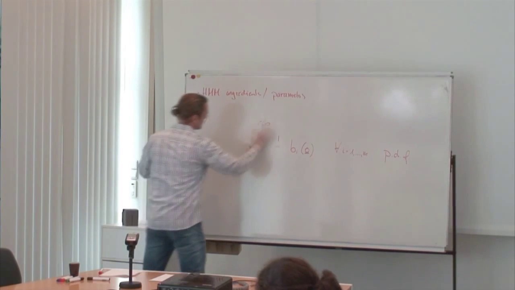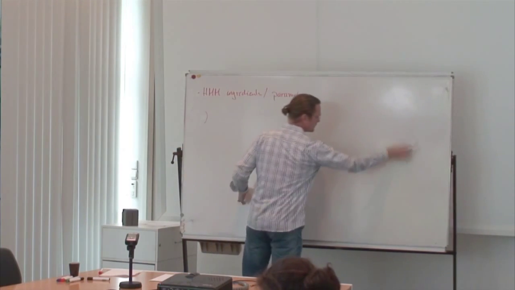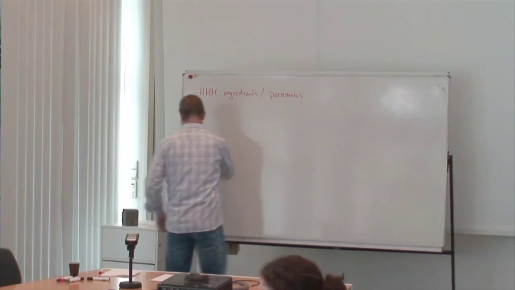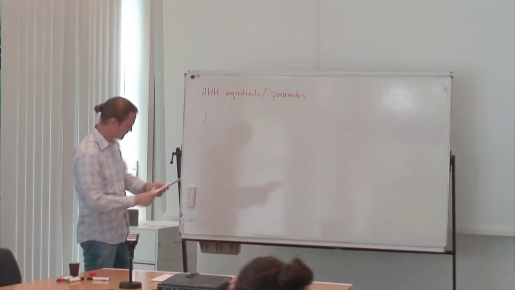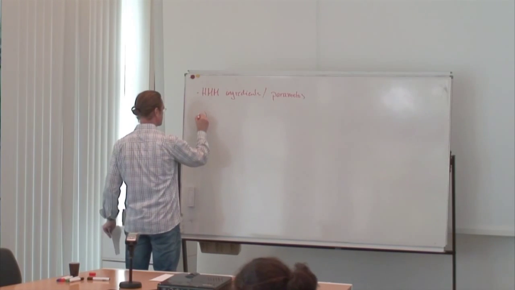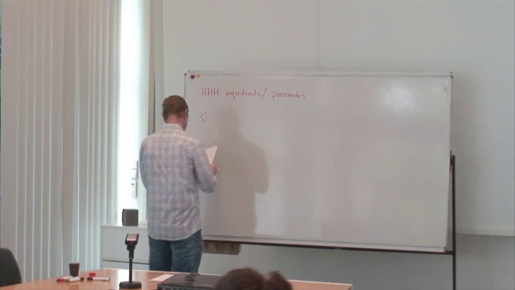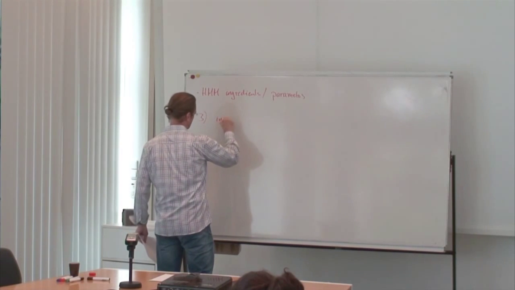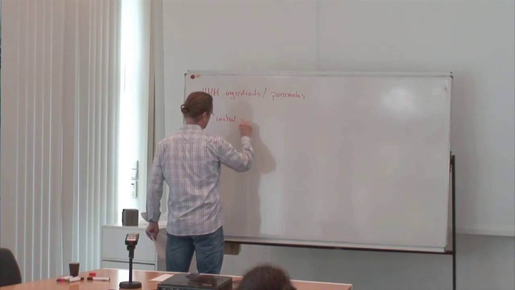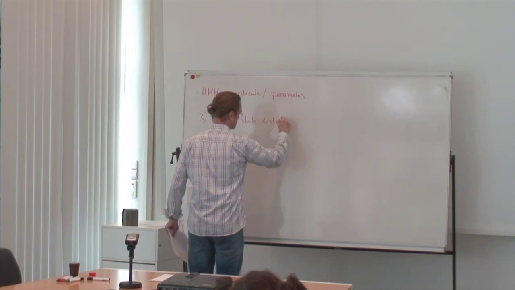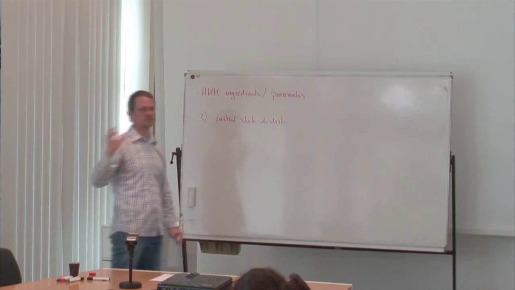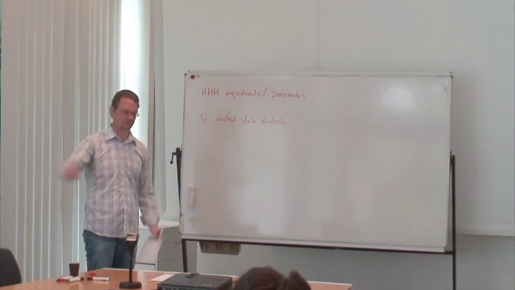And the third one is this initial distribution. So this is the initial state distribution. That is the very first factor in our factor model.